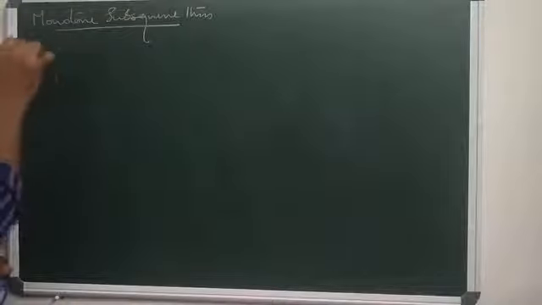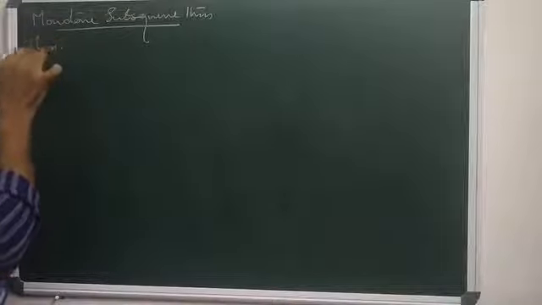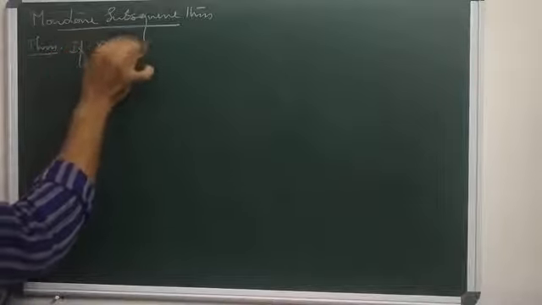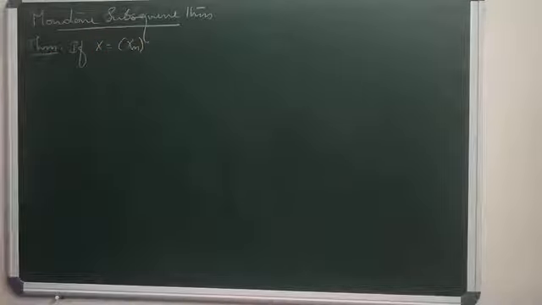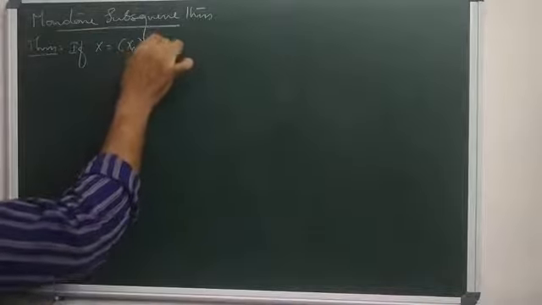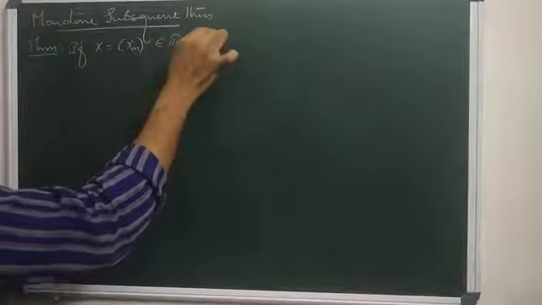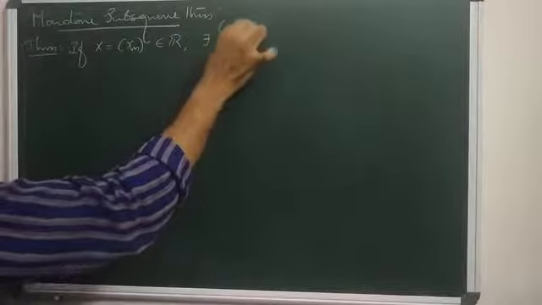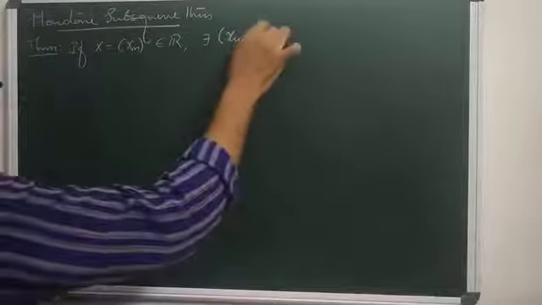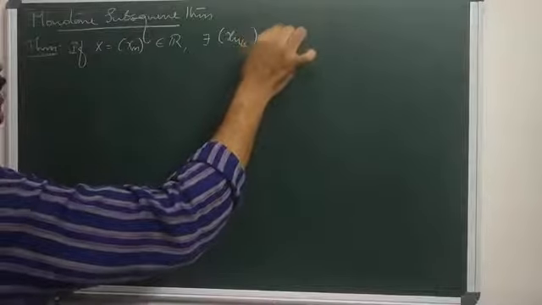The theorem states that if X equals (xn) is a sequence of real numbers, then there exists a subsequence of (xn) which is monotone.